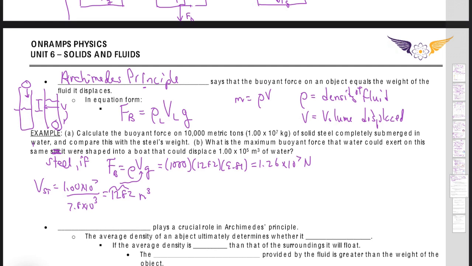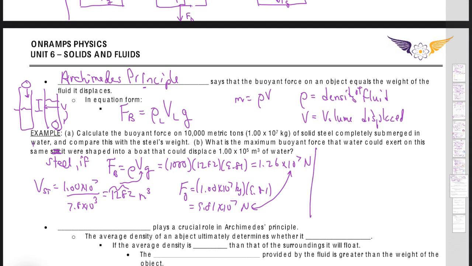So how do I compare that to the steel's weight? I just take that 1.0 times 10 to the 7th kilograms, multiply it by 9.81, and it's roughly going to give me 9.81 times 10 to the 7th newtons. So what you'll see is the buoyant force that's provided is not able to hold up that weight.